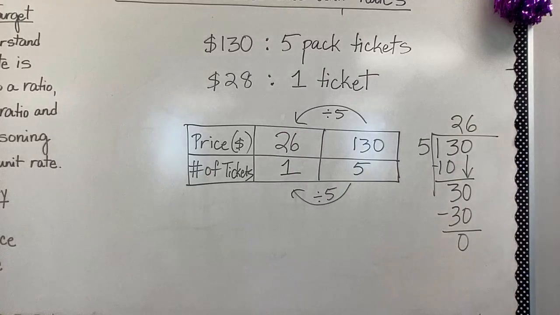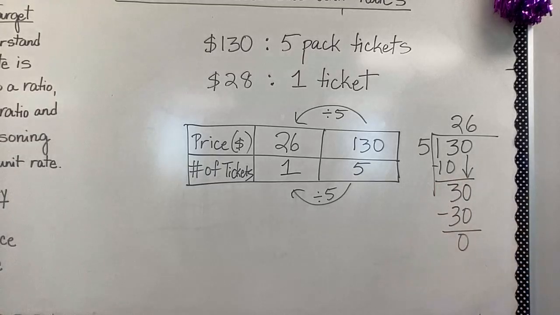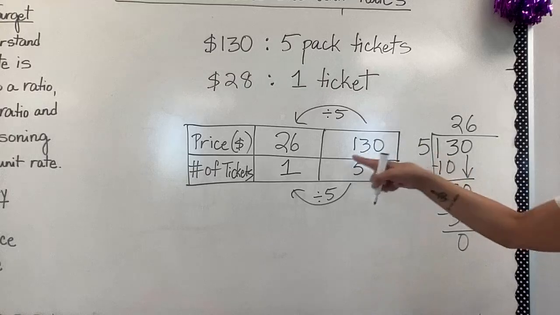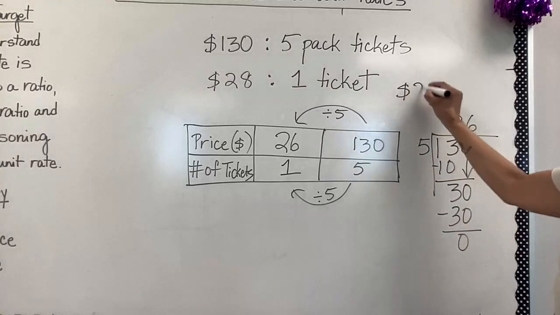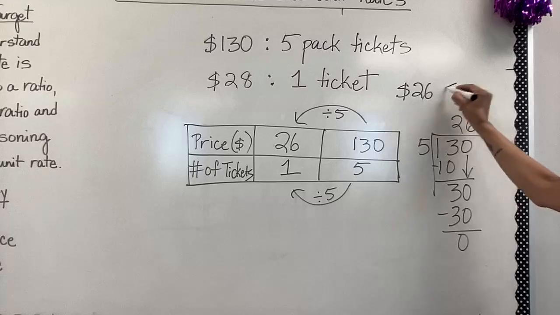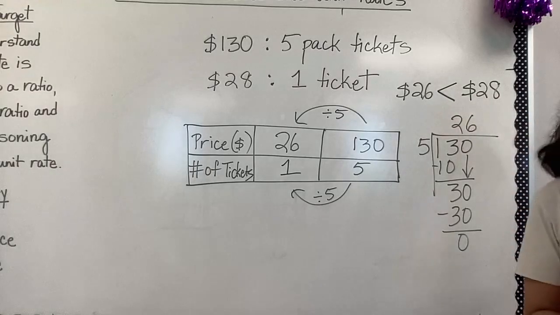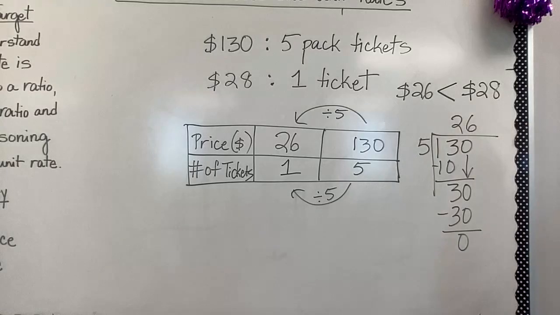We've scaled backwards to find the unit price. And so which price is going to be the better option? If I'm looking at $26, and then I'm looking at that one, which is $28, $26 is less than $28, and so that is the lesser price.